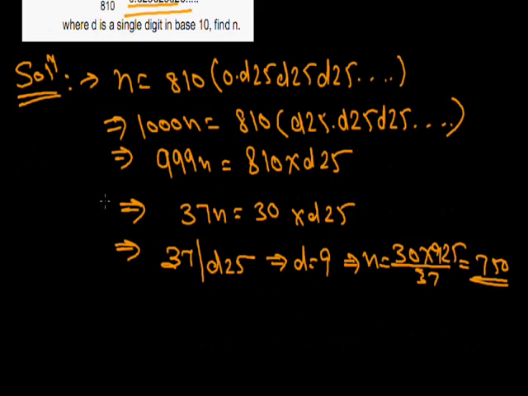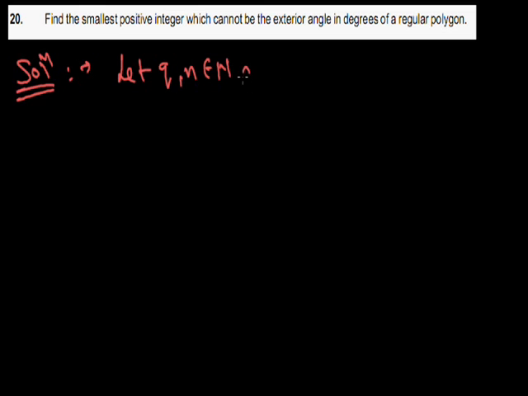Question number 20 is to find the smallest positive integer which cannot be the exterior angle in degrees of a regular polygon. To solve this, let q and n be natural numbers, and n is greater than or equal to 3.